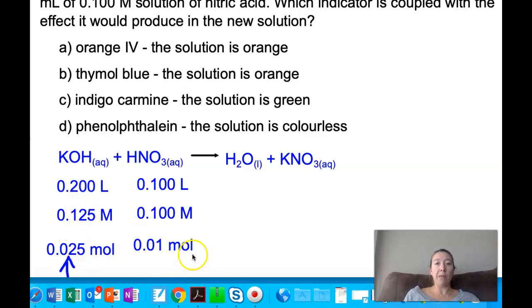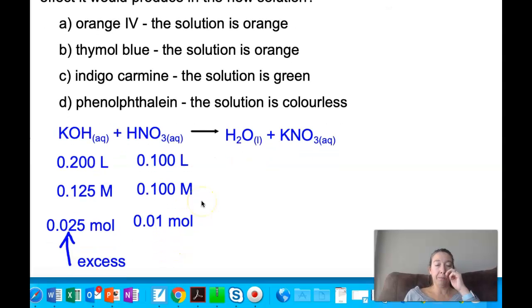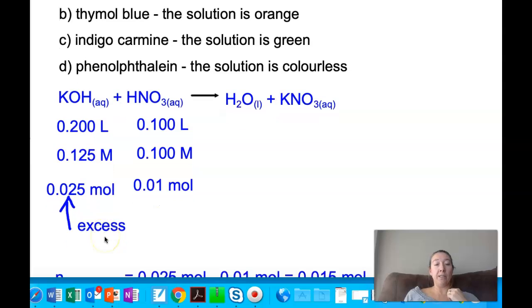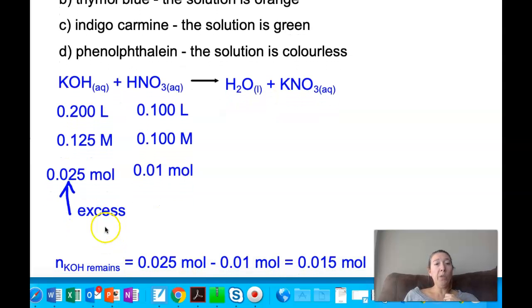And then we can figure how many moles of nitric acid we have by doing 0.1 times 0.1. So when we look at these, we can see that we have more potassium hydroxide. This is the bigger number, therefore it is the reagent that is present in excess. We need to figure out how much of it is going to be left over once we neutralize that 0.01 moles of the acid.